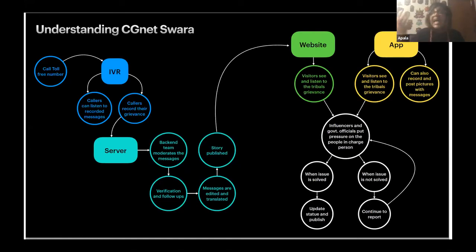So they understand that they don't have to be scared. There are other people who have also said the same thing. Or even if they find that other people have spoken, but they would like to talk about their own grievance, they just have to talk into the phone. It's recorded, and there's a back-end team in the NGO who sorts and categorizes all these recordings, and then they're all published on the website and the app.